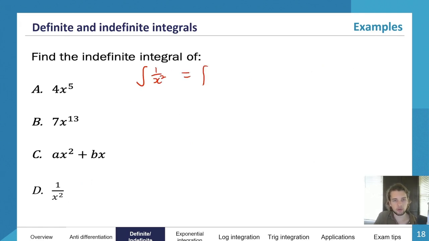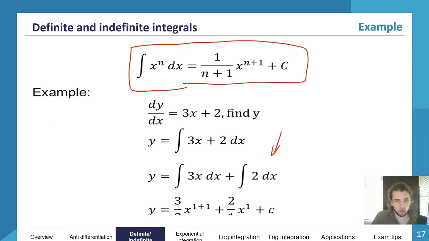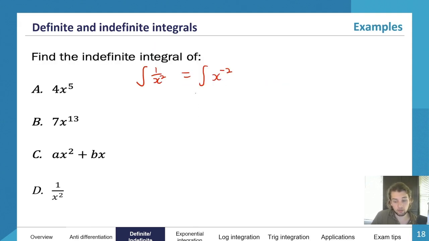Now that's equal to the integral of x to the power of negative 2. So from here we can apply this formula all the same. And this formula might even be a little more useful when you have a negative power, because it's just a little harder to look at.